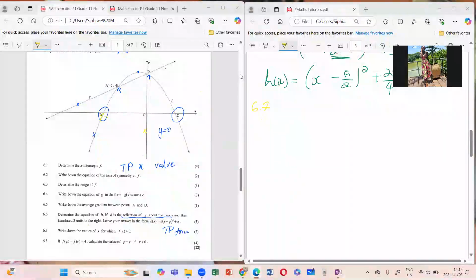At 6.1 we calculated the x-intercepts, and this is minus 3 and that is positive 2. That is at B and at C. So between these, y is positive. Below here and below there, y is negative. So it means that our x is an element of minus 3 to positive 2. That is where you will get f of x being greater than 0.